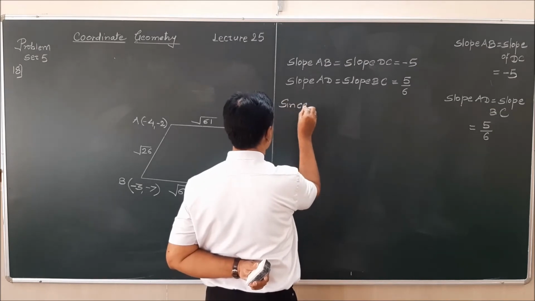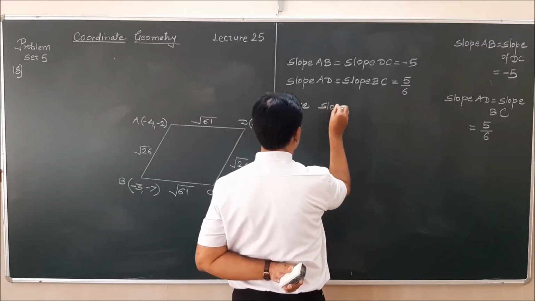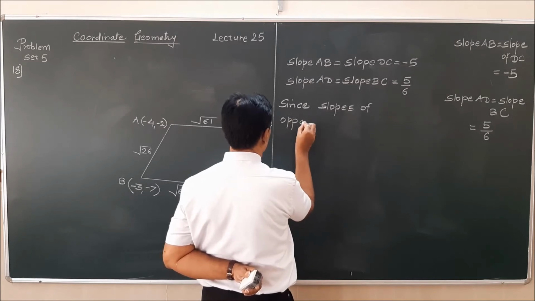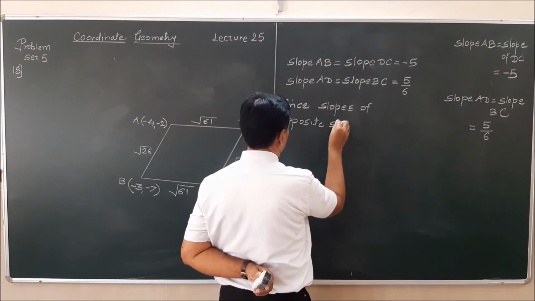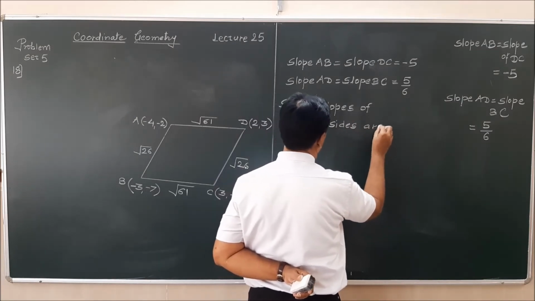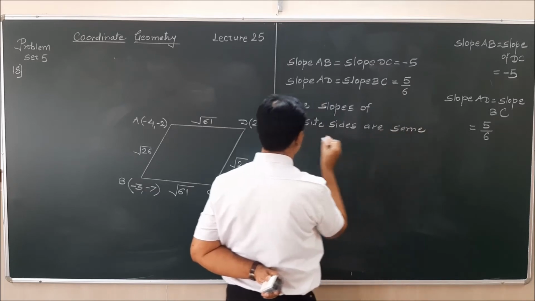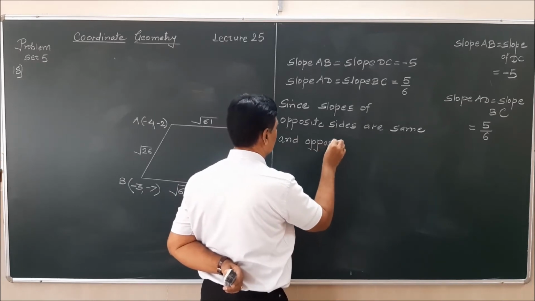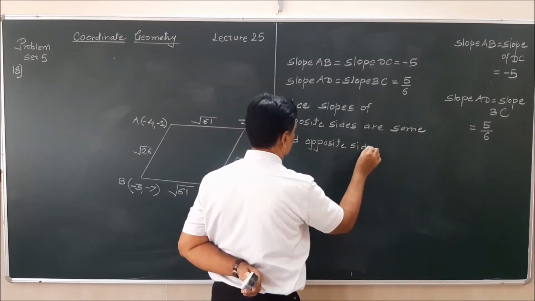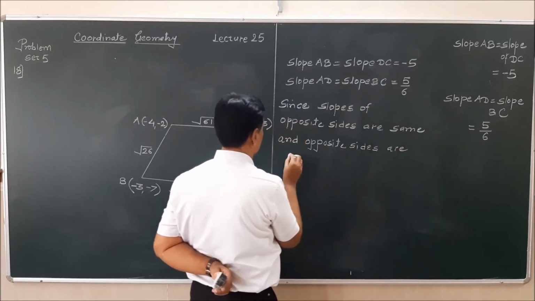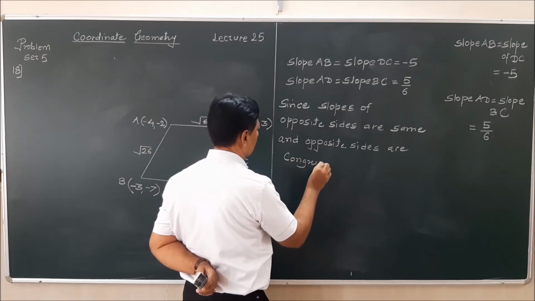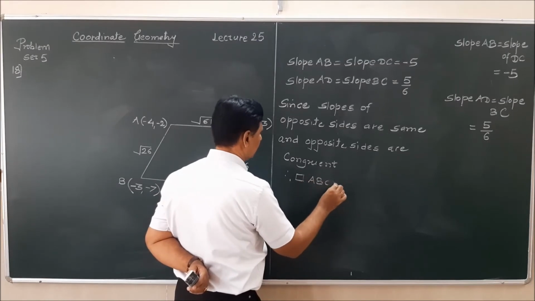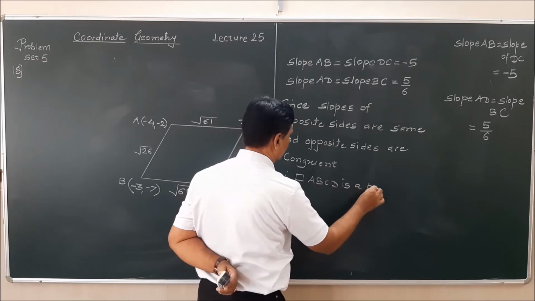So you will find here, since slopes of opposite sides are same and opposite sides are congruent, therefore quadrilateral ABCD is a parallelogram.